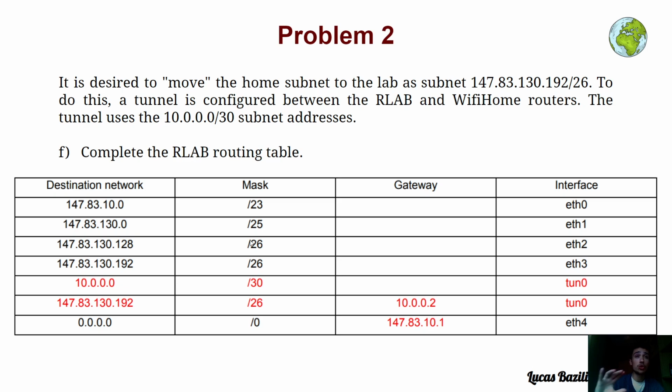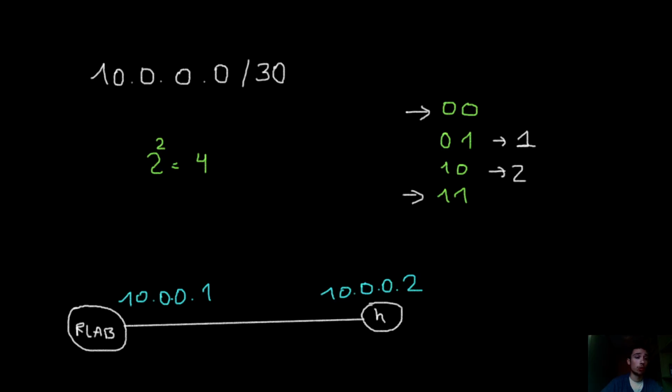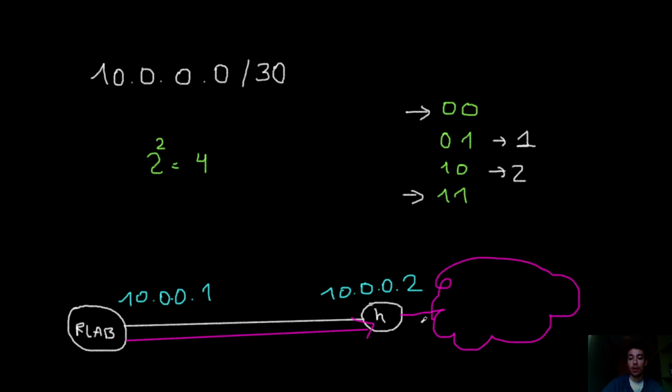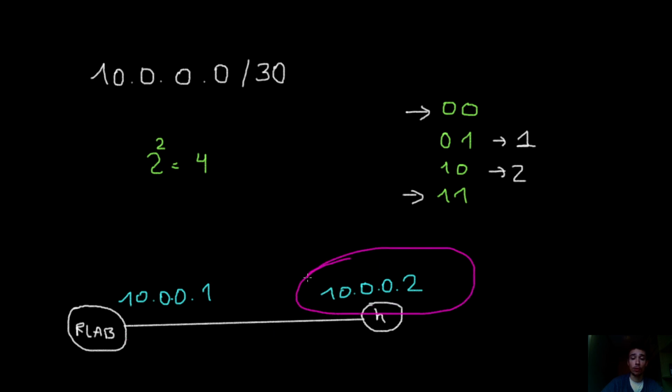Since we want to leave this router to reach this subnet, let's just follow the datagram: we leave the R lab router, and we reach this router that is going to route us to the subnet. But what is basically happening is that we are reaching this gateway. So this is the gateway, very important here.